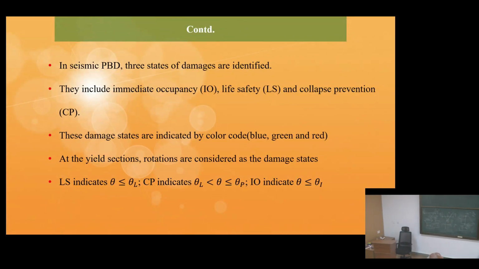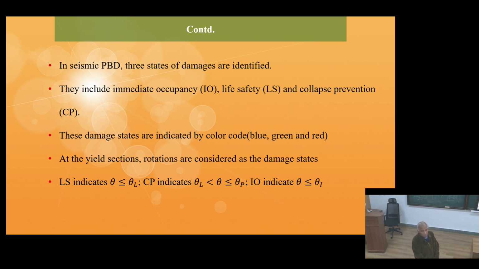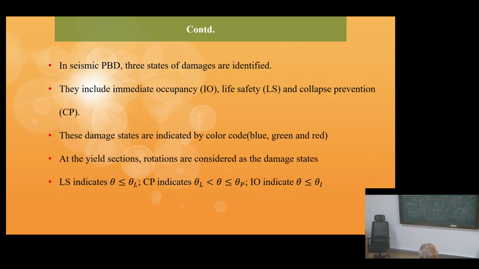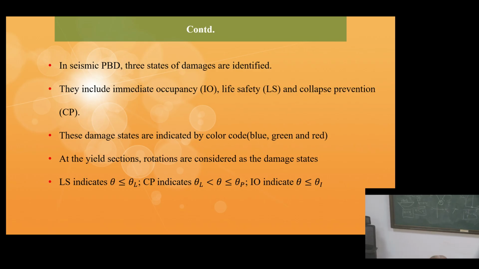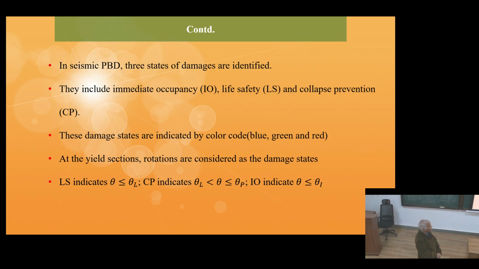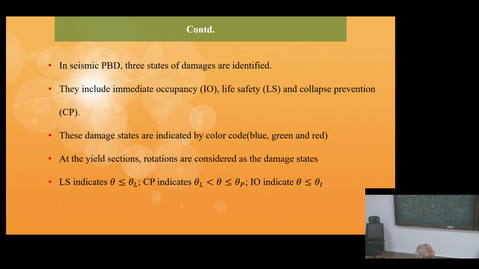In seismic PBD, 3 states of damages are identified. They are immediate occupancy, IO, life safety, LS, and collapse prevention, CP. These damage states are indicated by color code. I really don't remember. Red, of course, is CP. Blue and green, which one is what, I have forgotten, IO and LS.